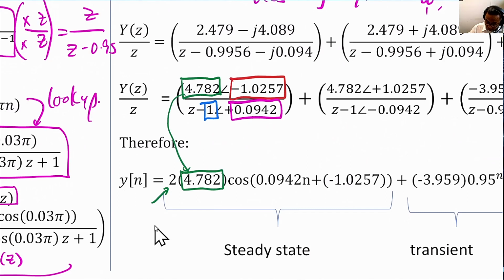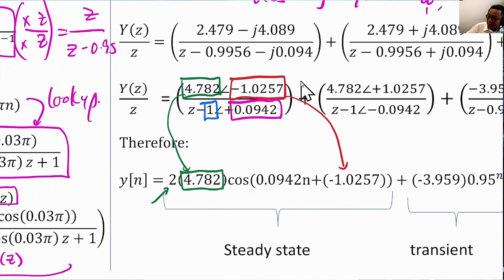What about this red one? This red is a phase delay. It will introduce a phase delay, a delay because it's minus. Notice that I am using the positive pole location's phase value, because if you look at the negative j 0.094, you will have a conjugate version of this phase.